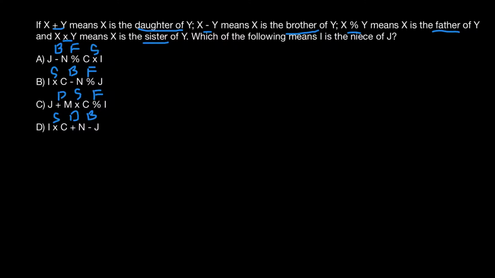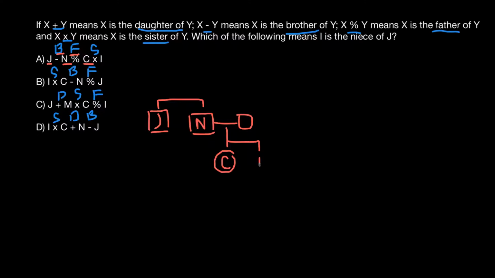As you see, J is a brother of N, and N is a father of C. And C is a sister of I. The sex of I is not specified, so we use this symbol.